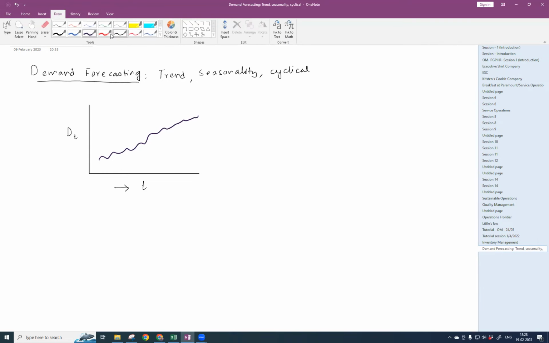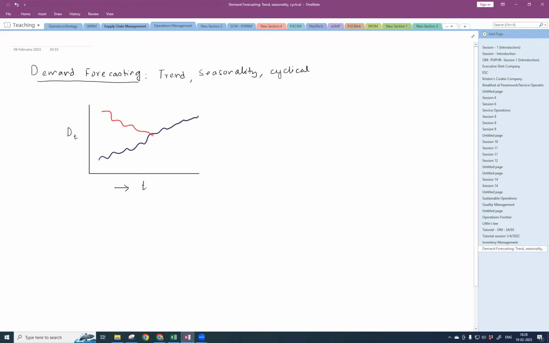And a decreasing trend would be something which goes like this, right? As you can see over here, it is not increasing every single period, but on average, if you look at it, it increases with time. So this is how a trend line, if you are fitting it to this data, would look.